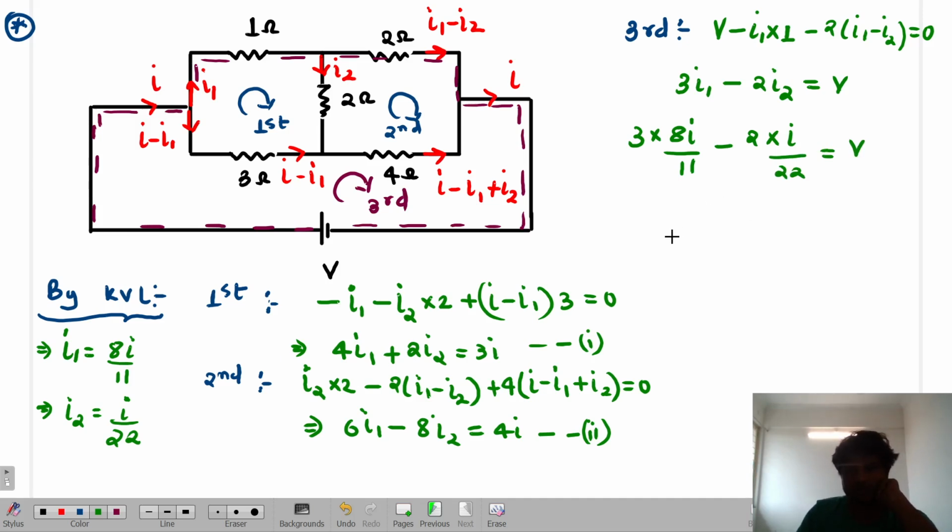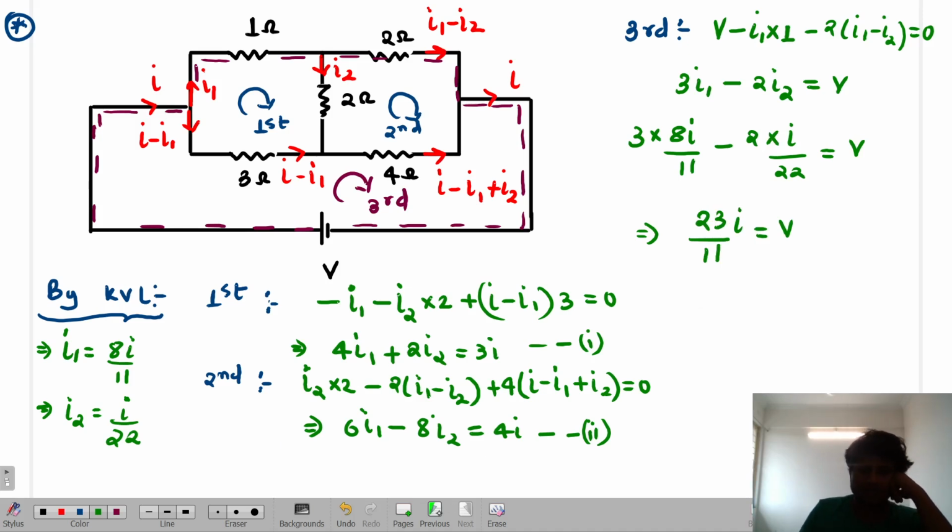So here, solve this, what will come? This will be 22. 8 3s are 24. Yes, correct, very good. So 8 3s are 24 minus 1, that is 23 by 11 I is equal to V. Are you able to get me or not?